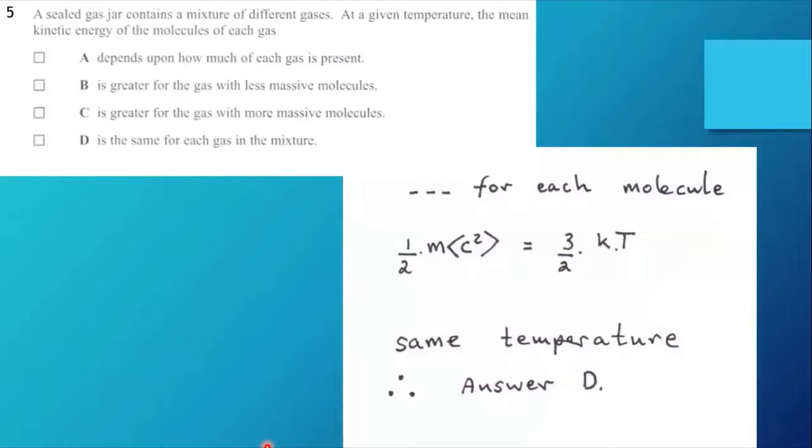So it's going to be the same for each gas in the mixture, because whether we've got one molecule with a mass m or another molecule with a slightly different mass, it's still going to be the same for each gas because it's dependent on the temperature.